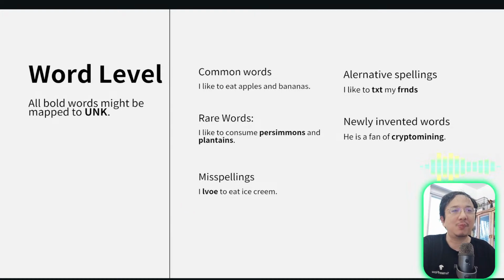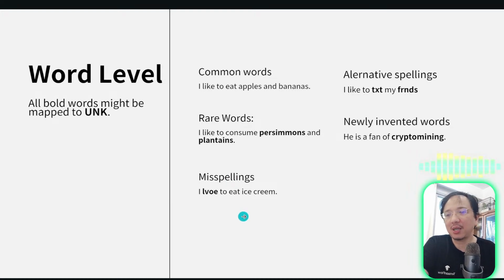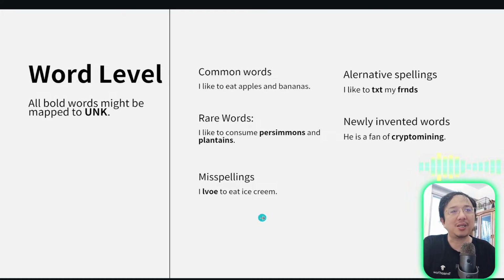One way to handle that is to do spelling correction before you feed it into a language model. But even if it is practical, it is not elegant. And we also have other situations like alternative spelling.